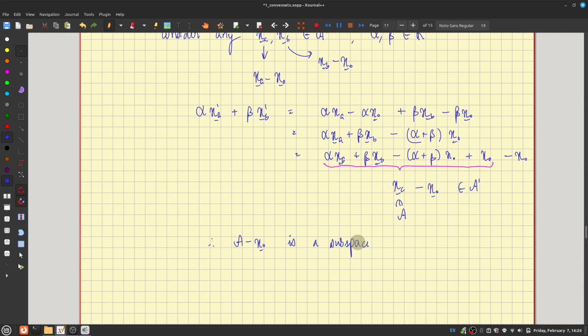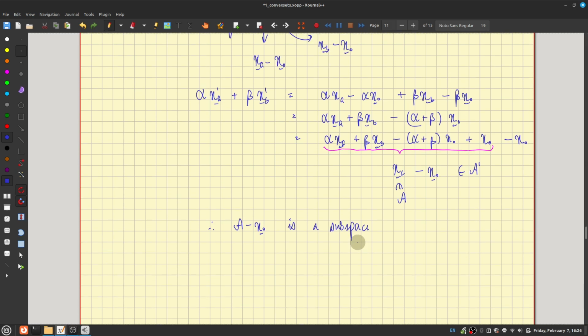Right? If A prime is a subspace, and x1 is some point in Rn.